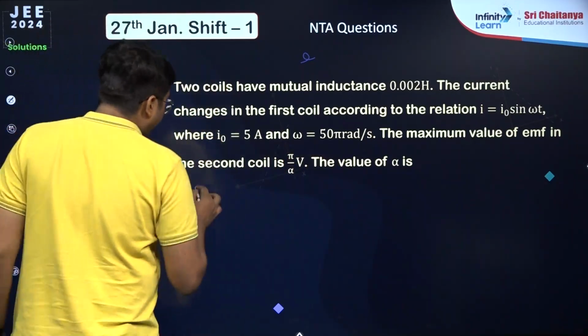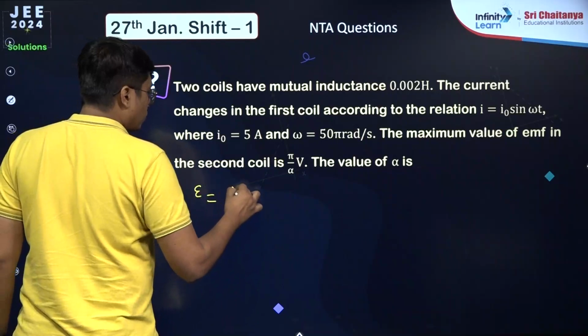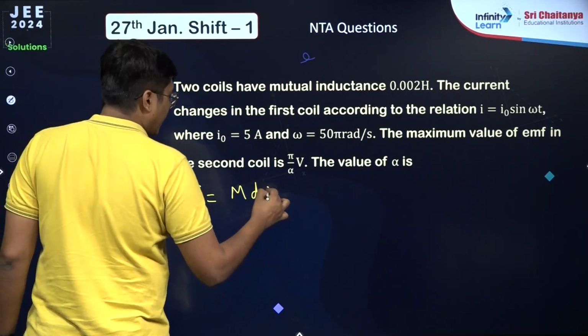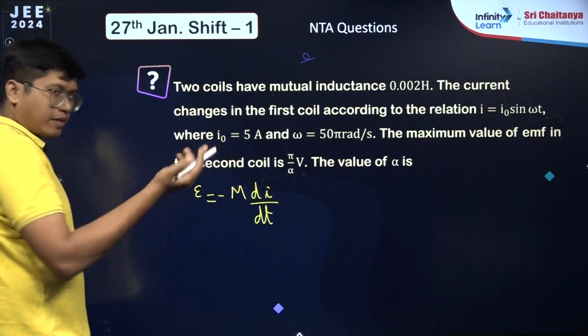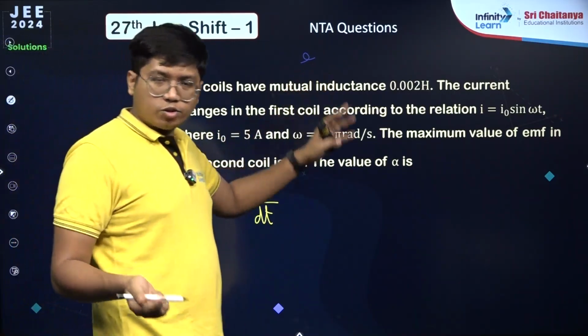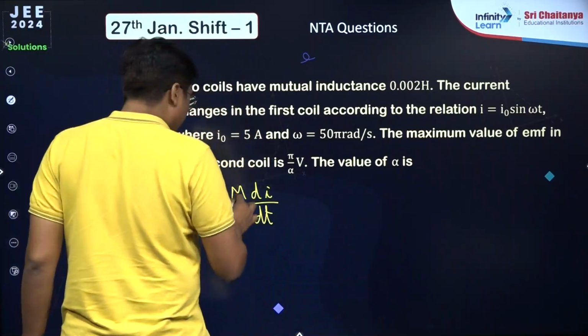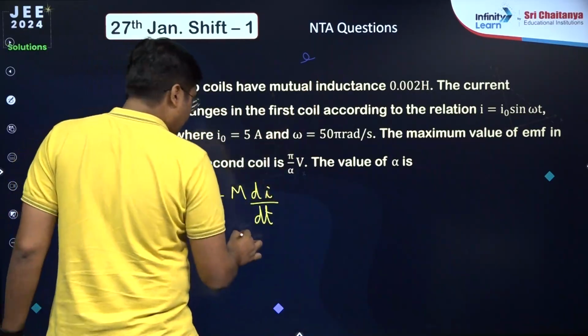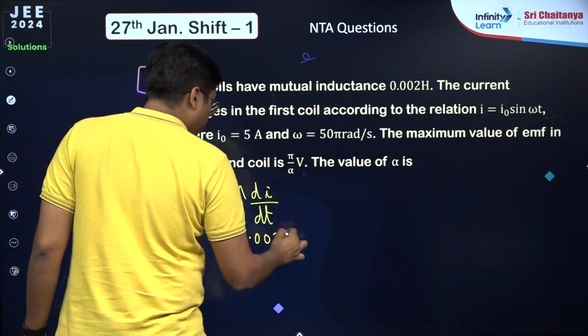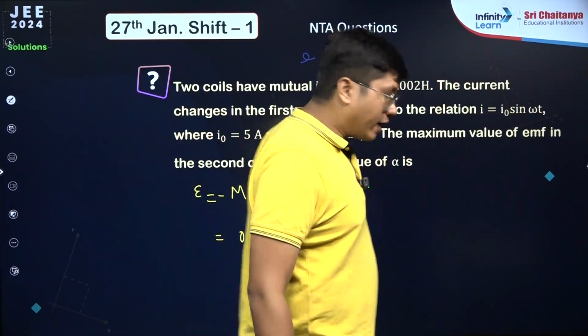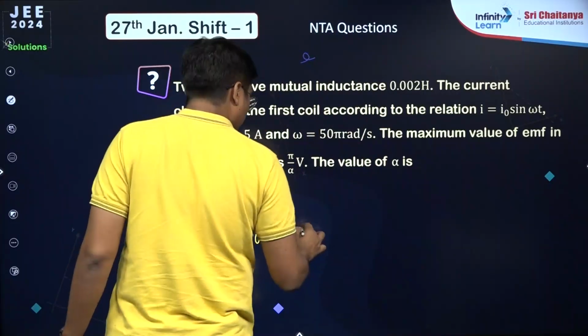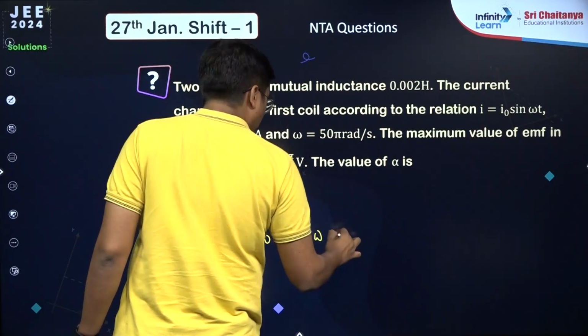So we know EMF is equal to M di by dt. There's a negative sign, but we are just looking at the magnitude, so we don't worry about that. So over here, mutual inductance is given as 0.002 into, if I differentiate this current equation, I will get I naught omega cos of omega t.